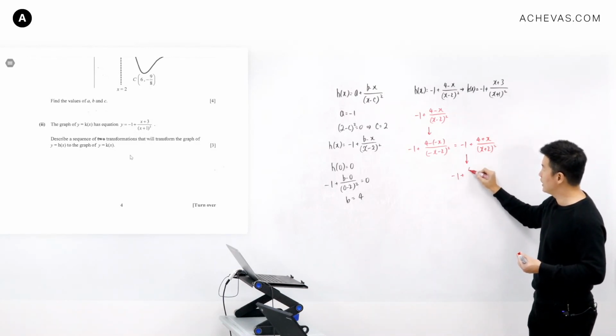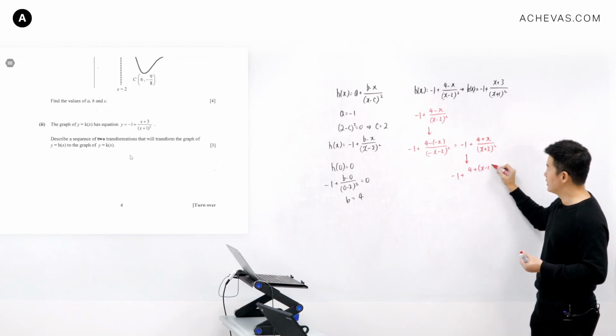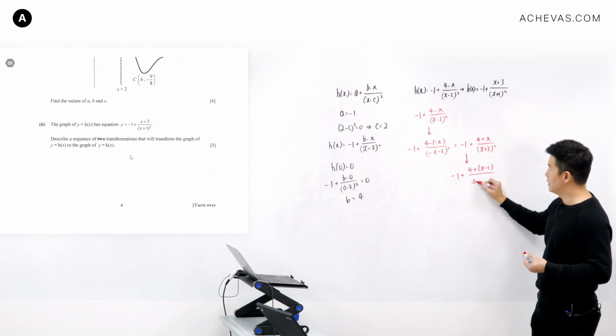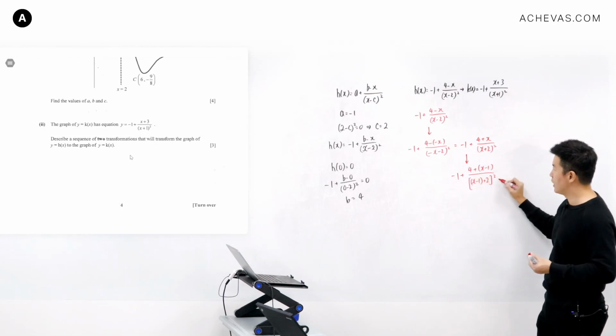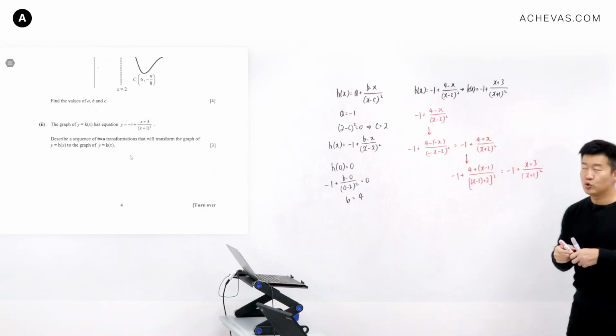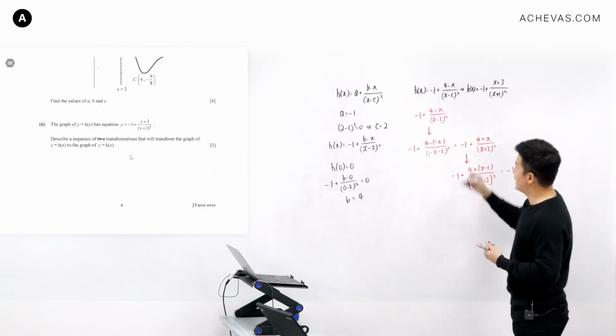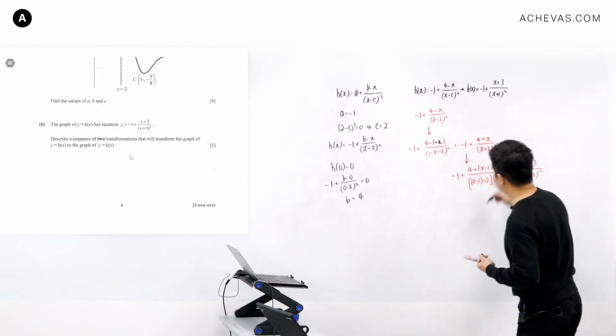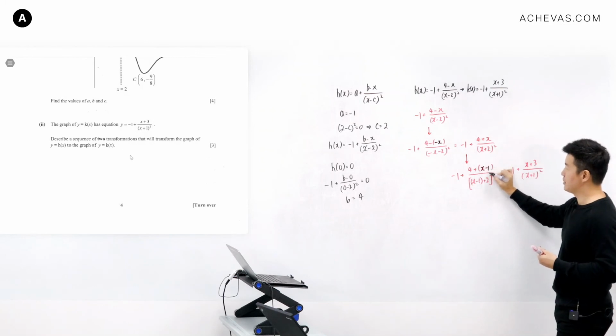So if I were to do that, it will be here x minus 1 divided by x minus 1 plus 2 squared, which will give me a minus 1 plus x plus 3 over x plus 1 squared. So I did two transformations, replacing x by minus x, and then replacing x by x minus 1.